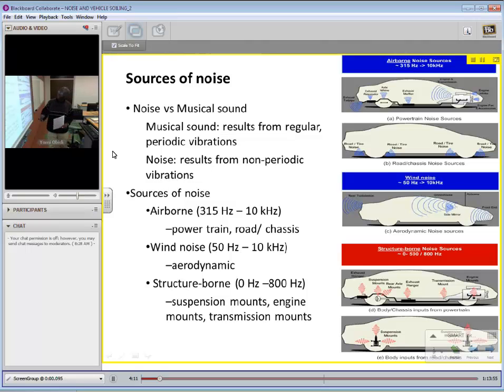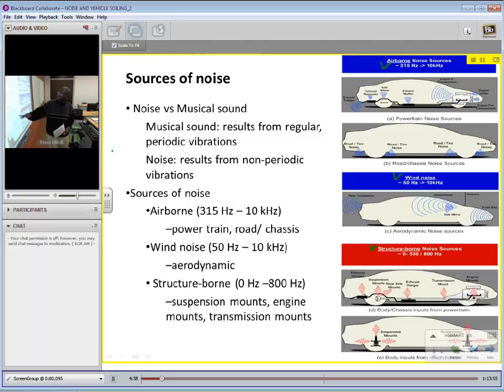Well, let's look at the various sources of noise. The table we have here shows various types. There's the airborne noise source, there is the wind noise source, and in the wind noise source, aerodynamic noise falls into that category. There's a structure-borne noise source.